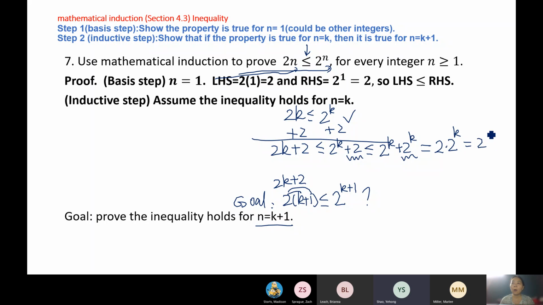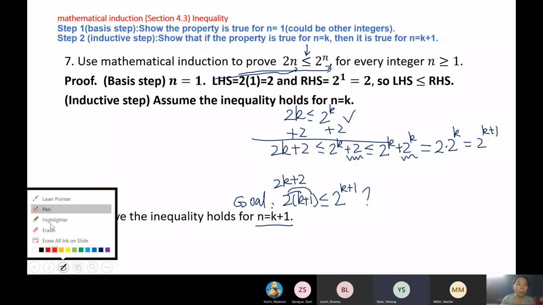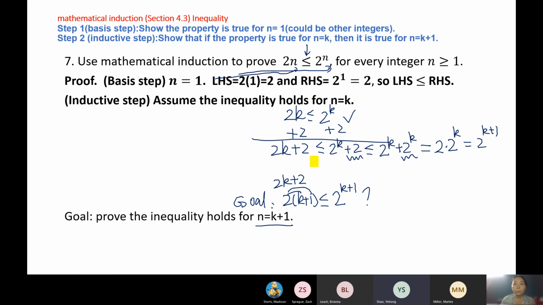And by using the law of exponents, we get 2 to the k plus 1. So we proved that goal expression. If you look at the left-hand side, 2k plus 2 is less than or equal to 2 to the k plus 1. And that's exactly what we need to prove. Okay, so when you get here, you can pretty much stop. Okay, questions?